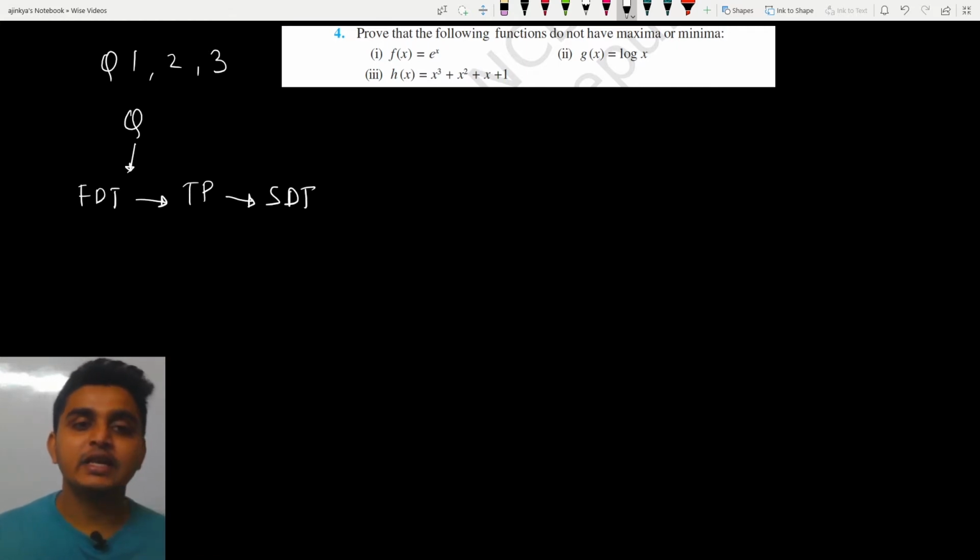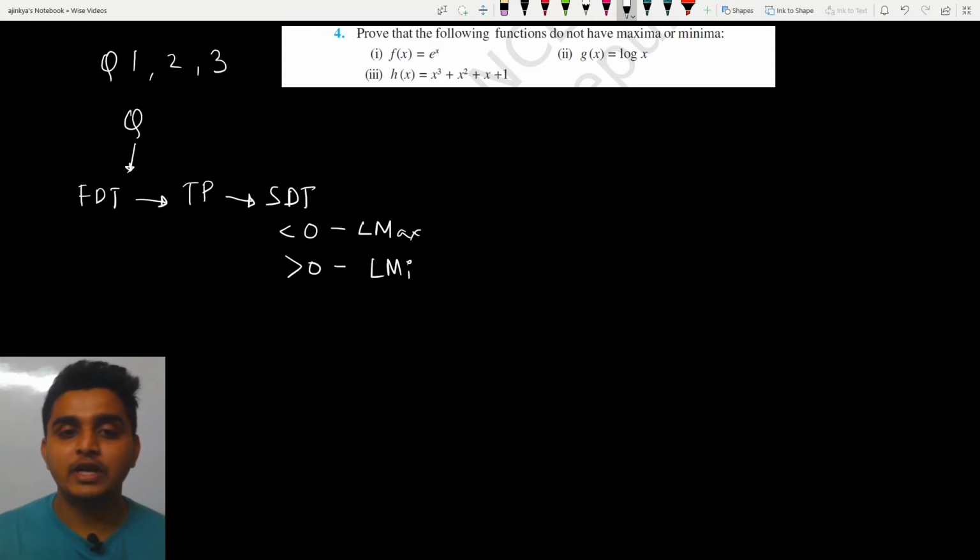In the second derivative test, if the number was less than 0, then this particular turning point gave us a local maxima point, meaning the value of the function was maximum there, and if it was greater than 0, then it was a local minima point, right?